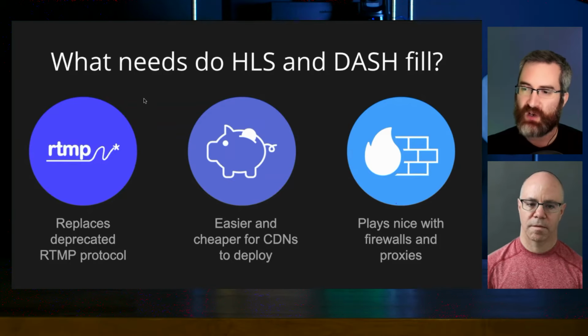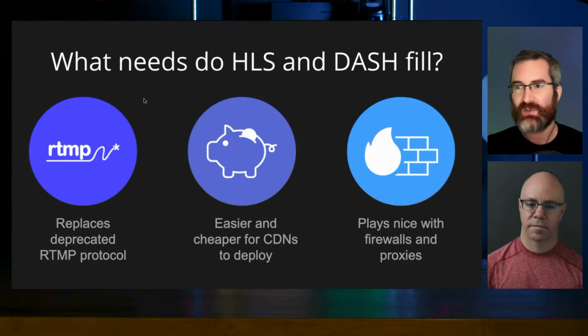That's a pretty big win for those service providers. Also, because of that, HTTP means it plays nicer with firewalls and proxies and all these other kind of things that are now a reality that may not have been 20 years ago in the same way they are now.